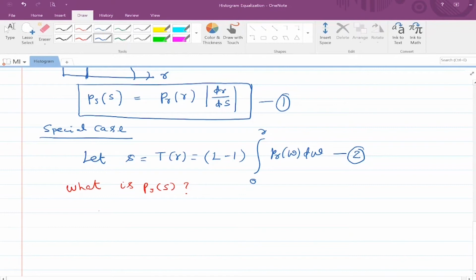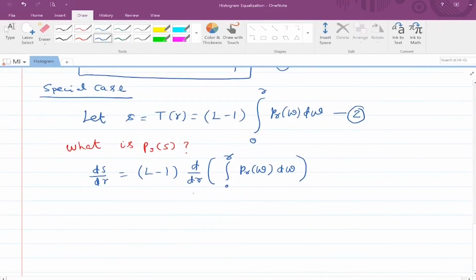So let's take the derivative of this with respect to r. What are we going to get there? L minus 1 is anyway constant, I can take it out. So d by dr of integration from 0 to r of the probability density function PR of omega into d omega.